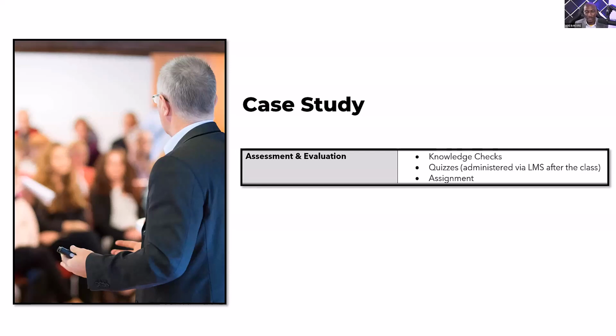We might say, before you can get credit for this class, you have to successfully complete this quiz. Or maybe we give them an assignment: this is a problem that you need to solve, and report back after XYZ days in order to get credit for this training. Those are just some ways in which we can evaluate and assess the learners in this case.